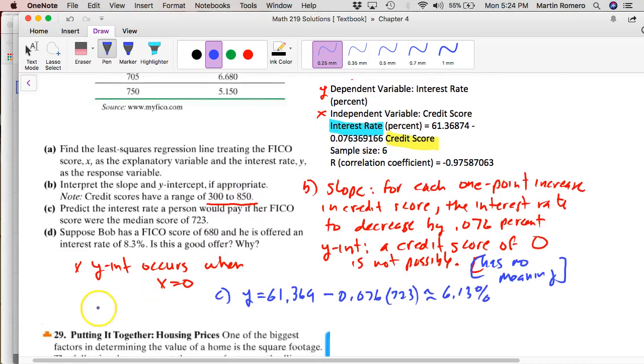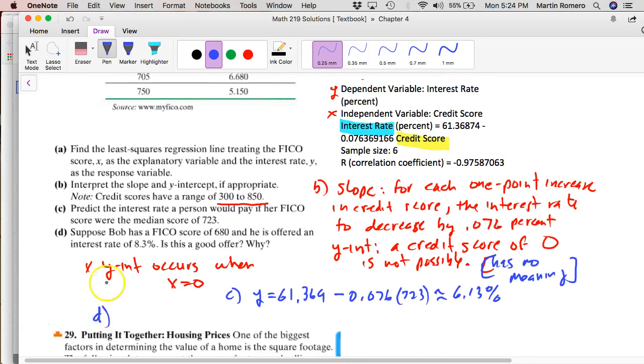And then part D. Suppose Bob has a FICO score of 680. If we plug 680 into this equation, the least squares regression line, we would expect someone to have an approximate interest rate of 9.42%.